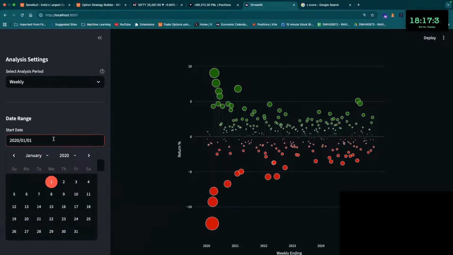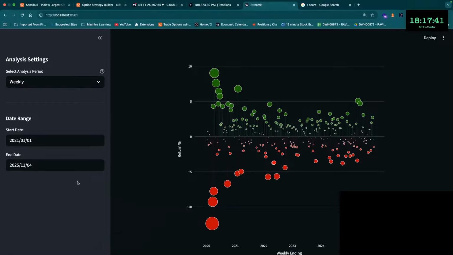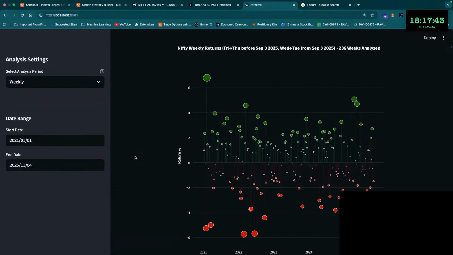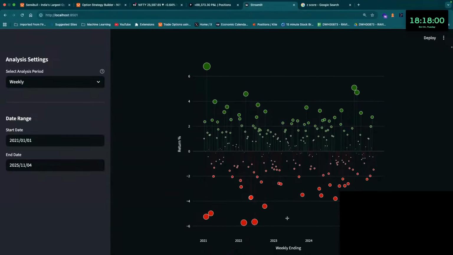Suppose you wanted to not take COVID into consideration, you can probably go on to January and then see this is more robust. We had one weekly return of about 6.8%. That was on February 21st. And then we also have recently April 5% up, and then May again 4% up, and then we also have some bad down moves, right?